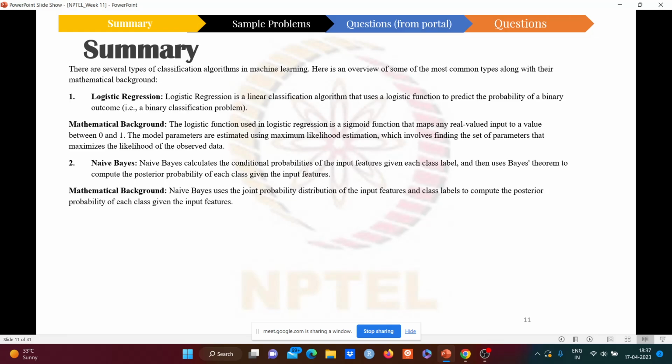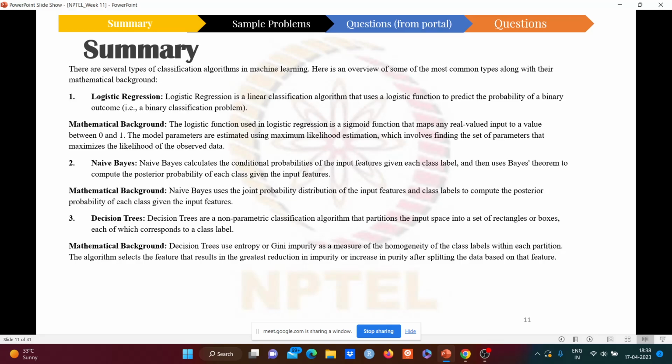This algorithm calculates the conditional probability of the input feature given each class label and then uses Bayes theorem to compute the posterior probability of each class. So we all know this Bayes theorem tells about the joint probability distribution of input features and class labels to compute the posterior probability of each class given the input features.